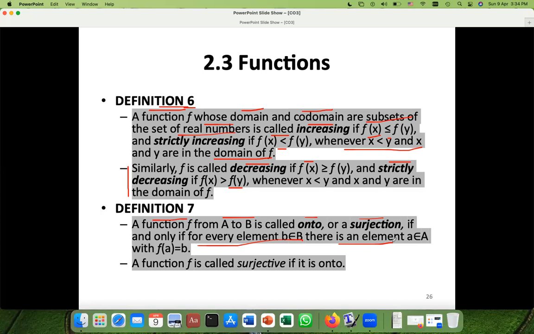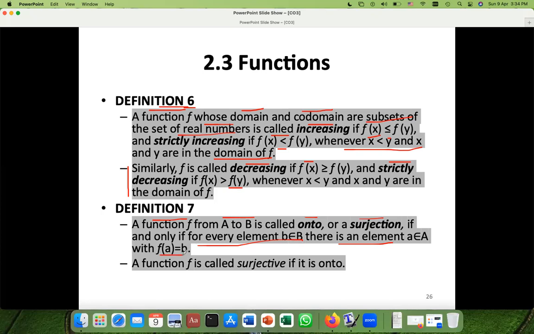It is not exactly one. You have to go with that definition. So you have to look over the elements of B. For every element of B, there is an element which belongs to A. So more than one is also possible according to the definition of there exists.